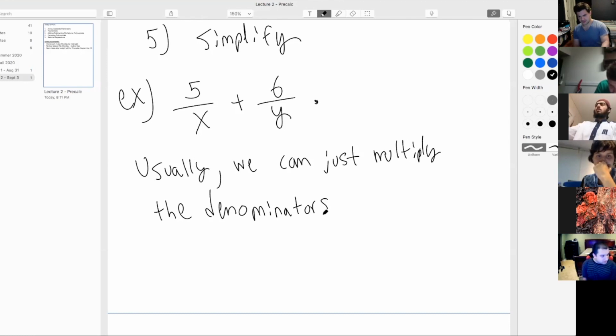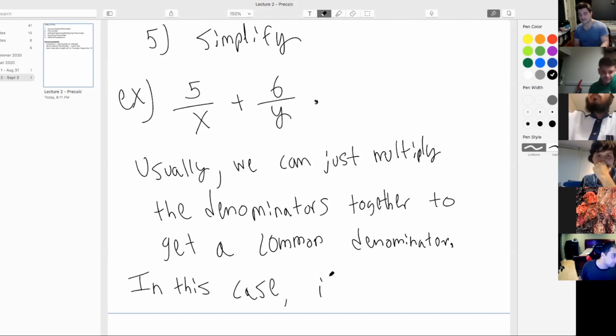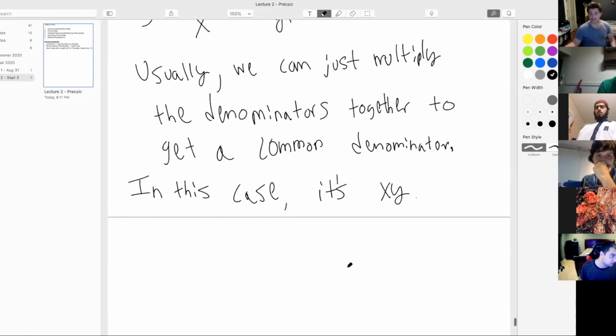Just multiply your denominators together. In this example, it's xy. That's our common denominator, the product xy.